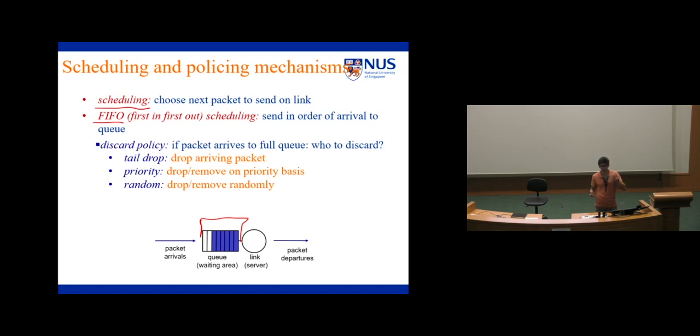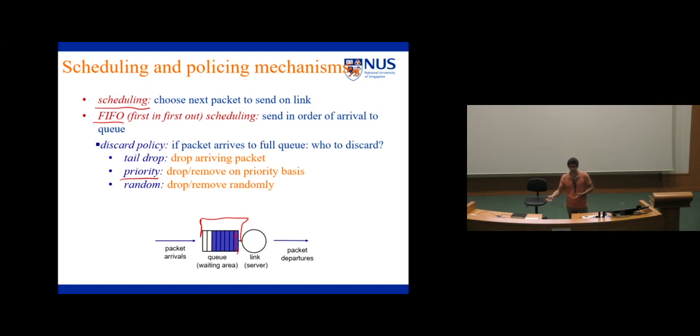Are you going to drop the one that arrives last? Are you going to drop the packet that came first, which in this case is this one? Or are you going to randomly choose a packet to drop? Or you can just drop based on priority. As we know, certain applications can tolerate loss and certain applications cannot.